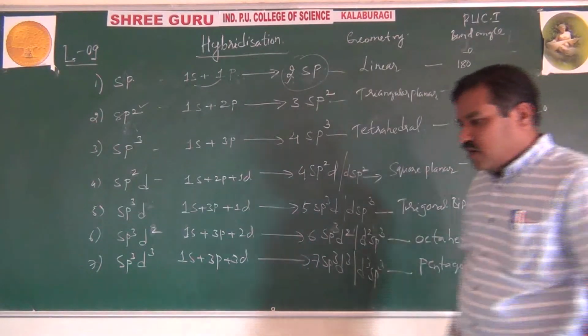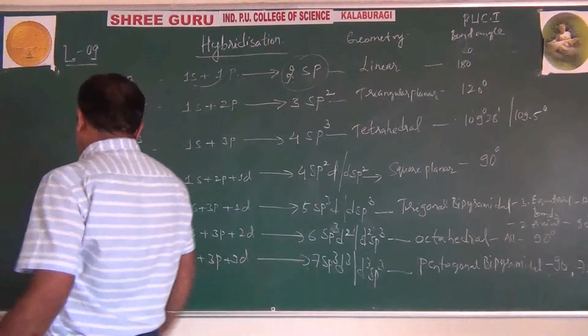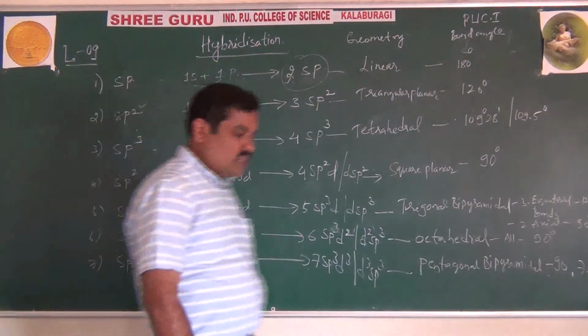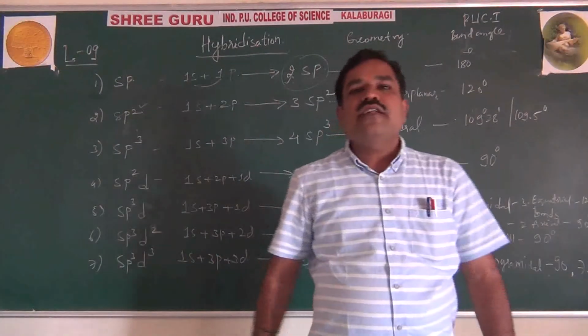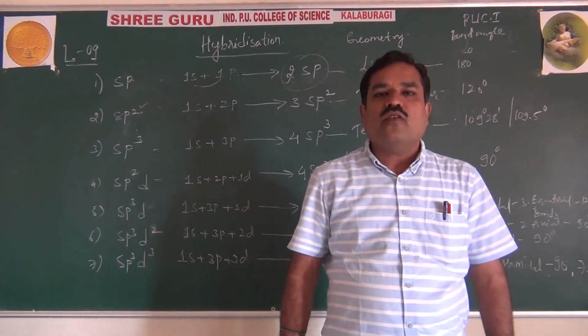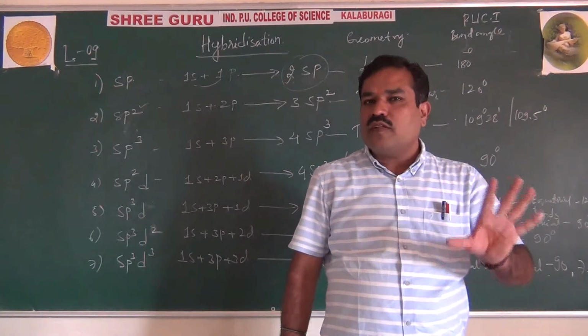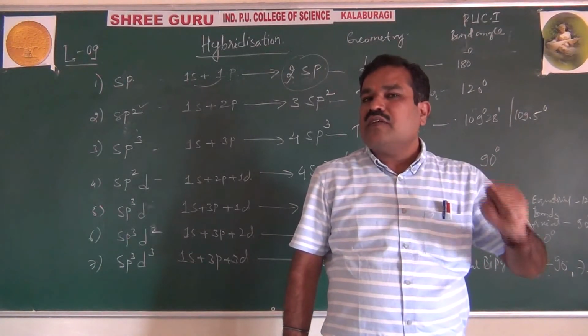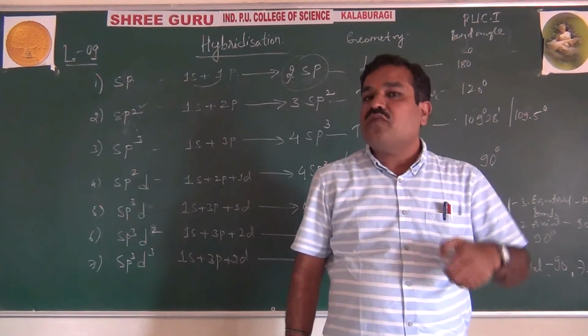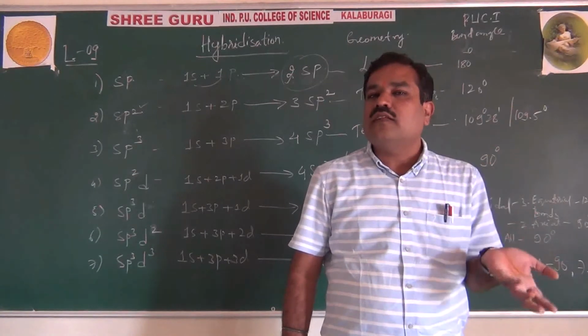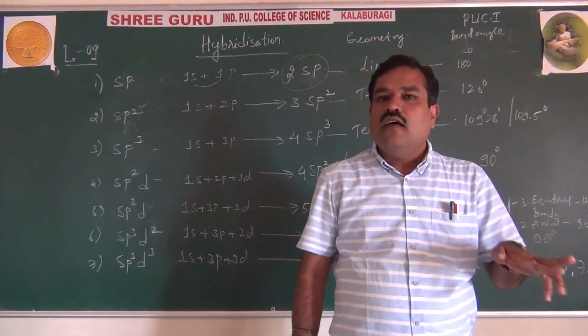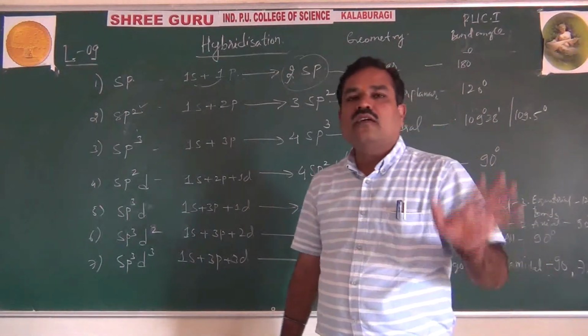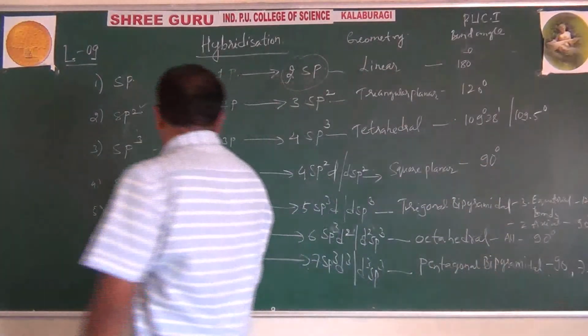Now, what is the definition, students? Hybridization is the intermixing of two or more atomic orbitals of nearly the same energy or slightly different energy to form new hybrid orbitals of equal and identical energy. That is called hybridization.